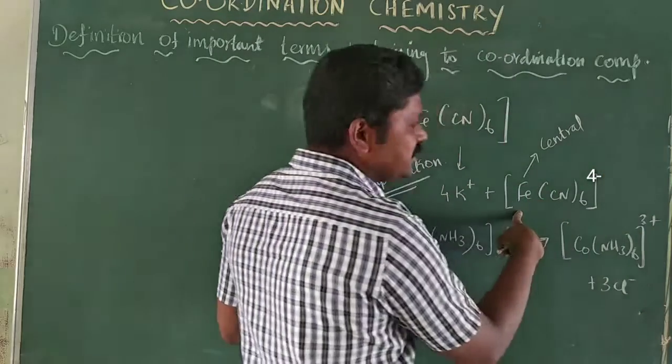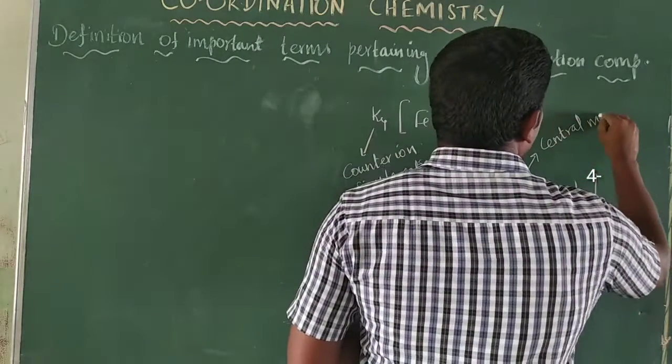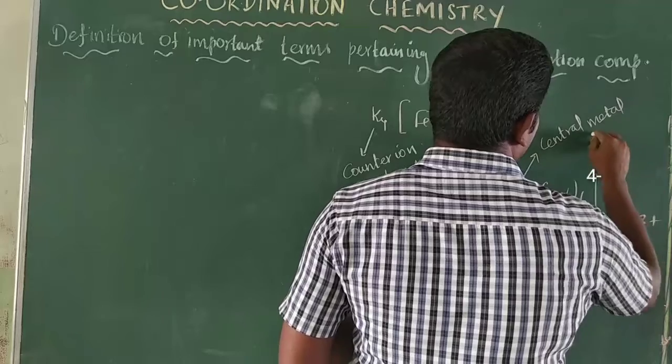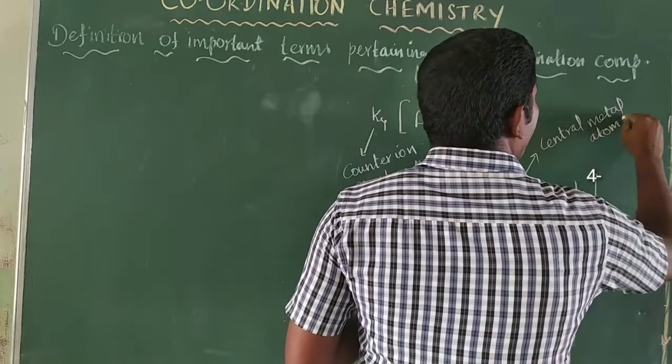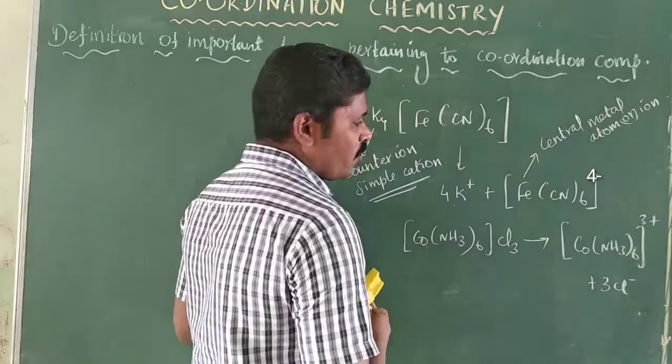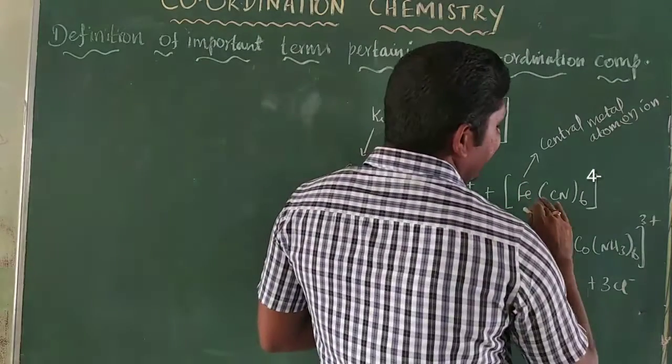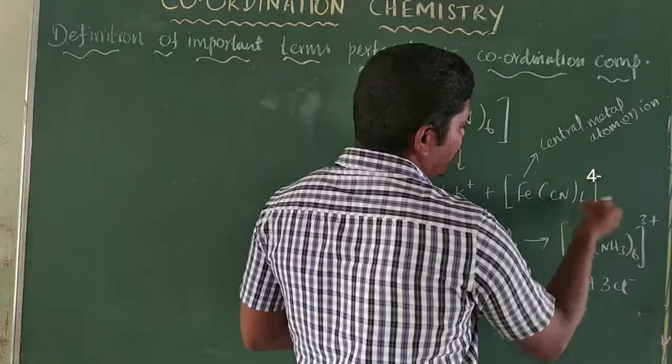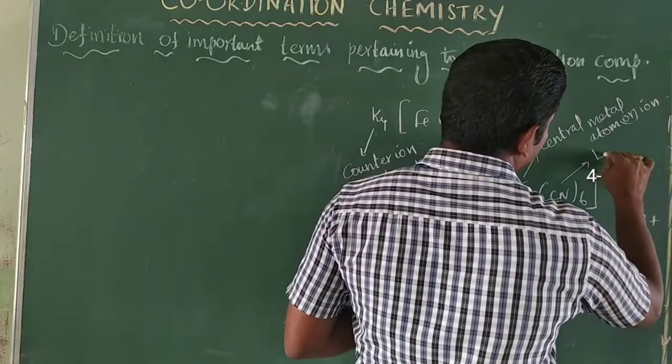The central metal atom is a transition element, and it can be a central metal atom or central metal ion. The species attached to the metal in the square bracket are called ligands.